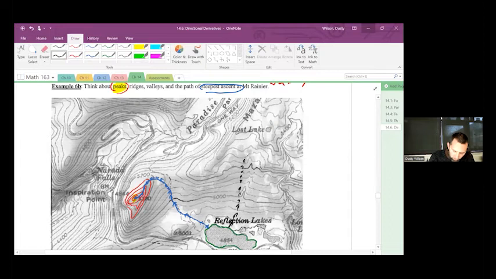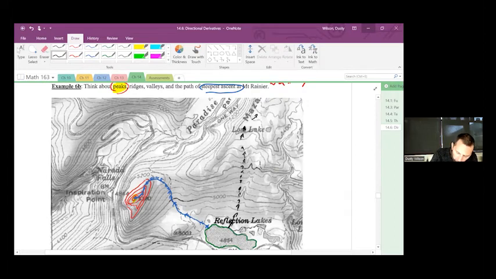So I always want to make sure that I'm perpendicular to the contour lines. I think I've got to keep going up.